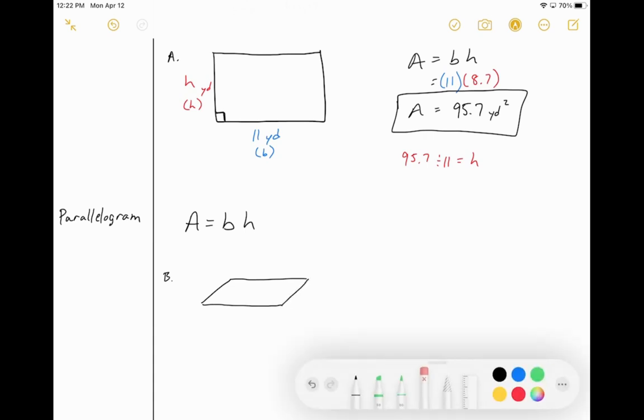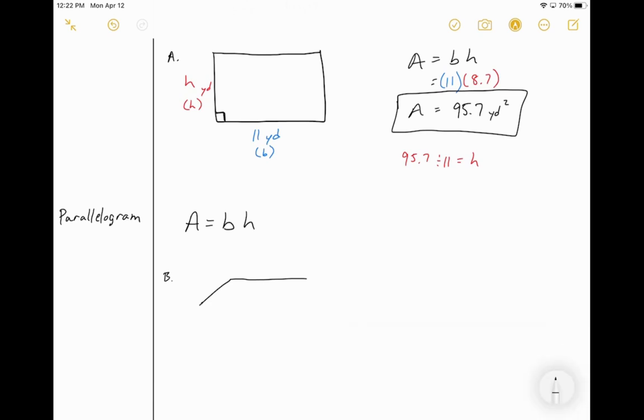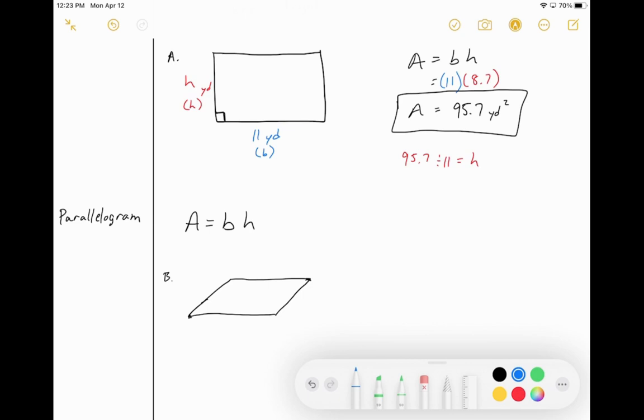Actually, let me make that a little bit fatter. All right. So here's a parallelogram. And let's say that this is 6 inches.